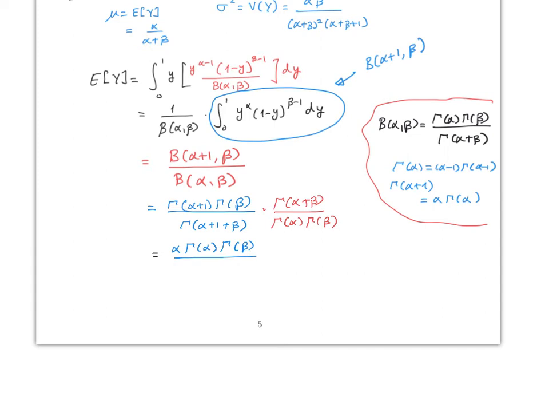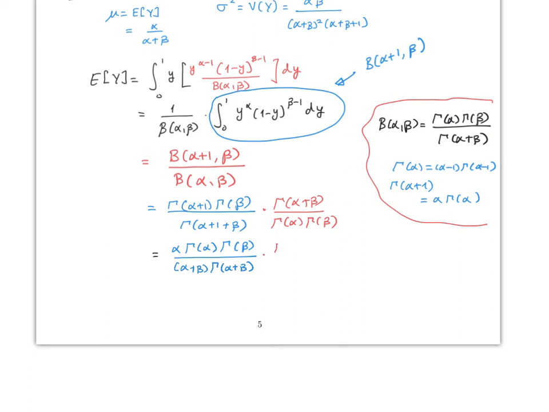And then on the bottom, this is going to be alpha plus beta. This part should be alpha plus beta times alpha plus beta.